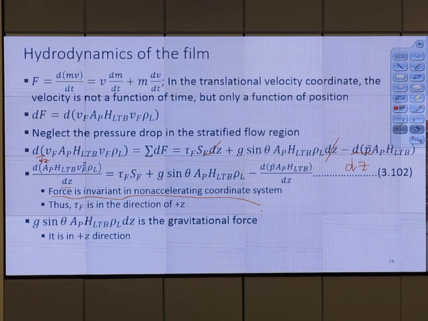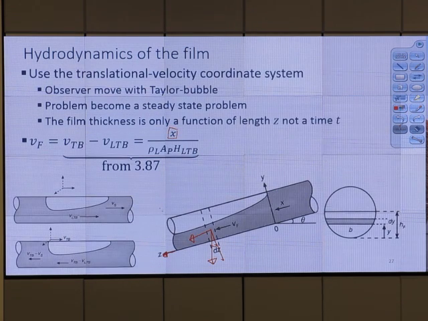So when we calculate F, we have to use the actual force direction. Actual force on stationary coordinate system will be tau F. Okay, let's take a look at this picture. Actual friction, liquid will flow this way, right? VLTB is that way. So tau F moving backward like that. Good.